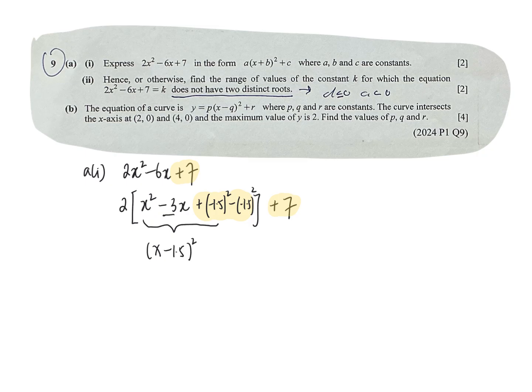It is a perfect square, this 3. And then this one you need to calculate using your calculator. You will get 9/4. So don't forget that this whole thing is still within a square bracket, and then your constant term is still outside. So do it carefully so that you can get the 2 marks.